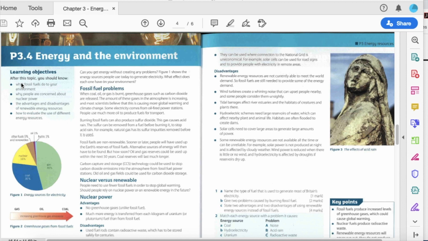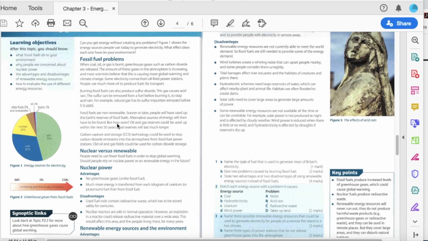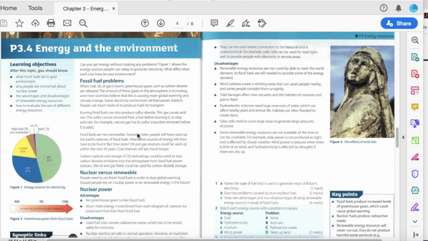These learning objectives to the left are very, very important to assess at the end of a lesson in your notes and your questions. If somebody asks you in the street about the environment and how the energy resources that we're using are actually helping the environment or causing further damage, you should be able to use this knowledge from here.